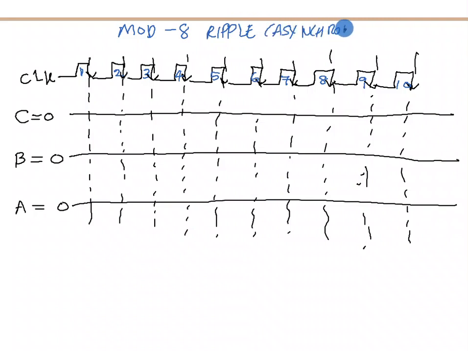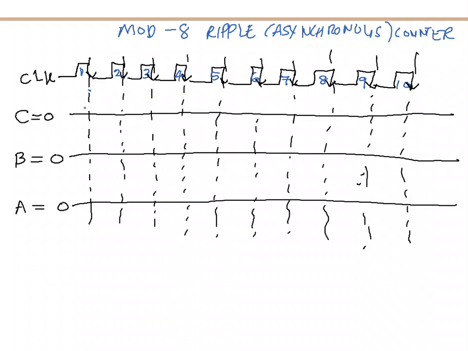So C will depend on the output of clock CLK. Okay, so initial value 0.